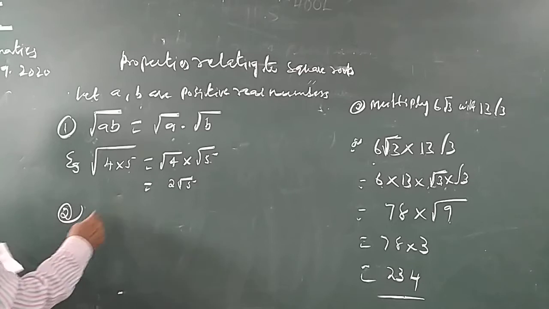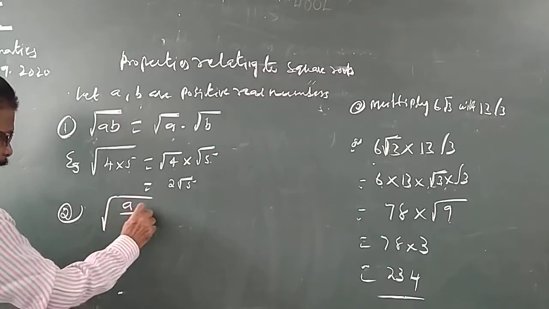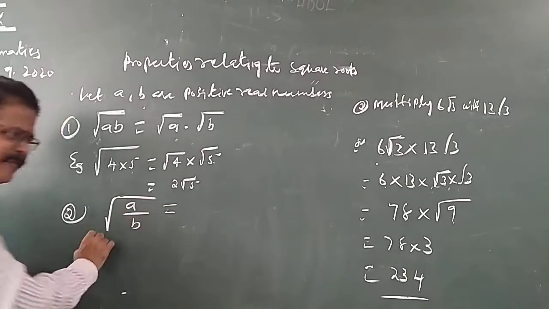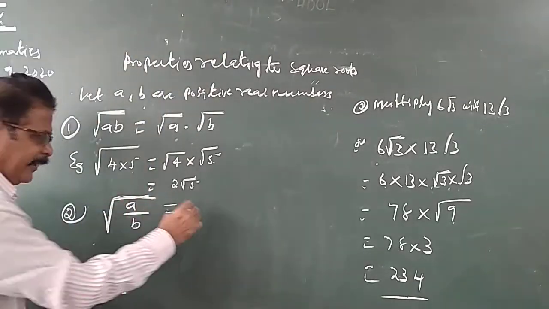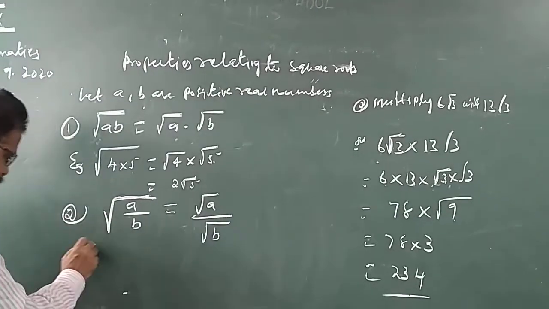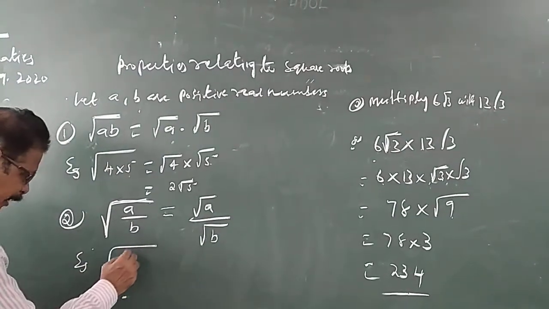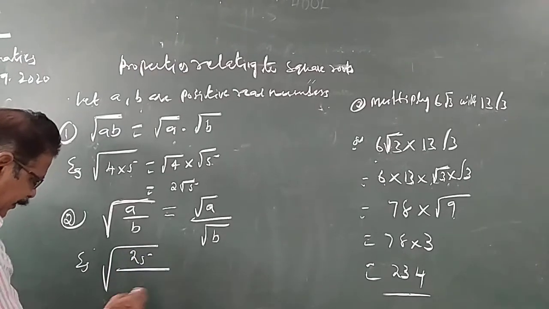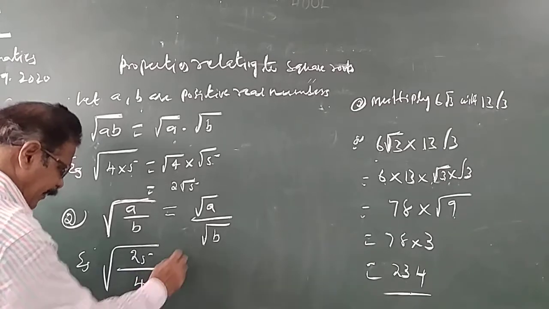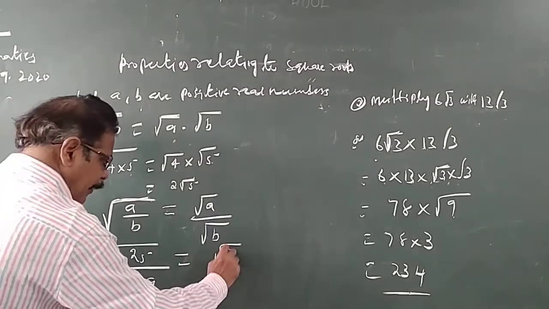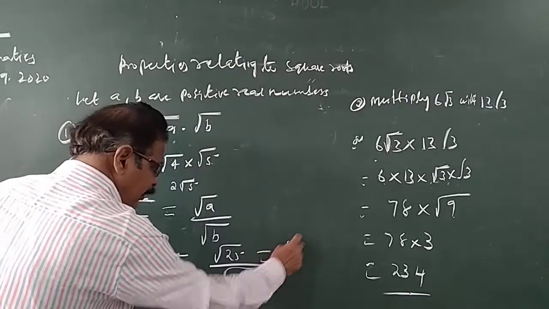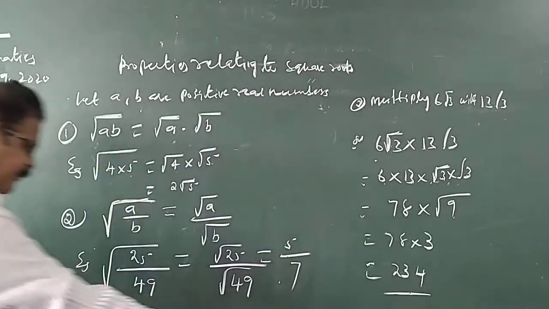Similarly, the second law is the root of A by B. This is a division, so write it separately: root A by root B. Example: square root of 25 by square root of 49. The square root of 25 is 5 and the square root of 49 is 7.